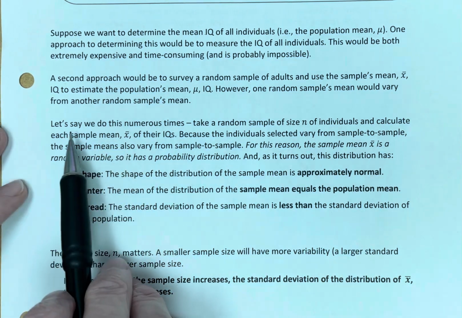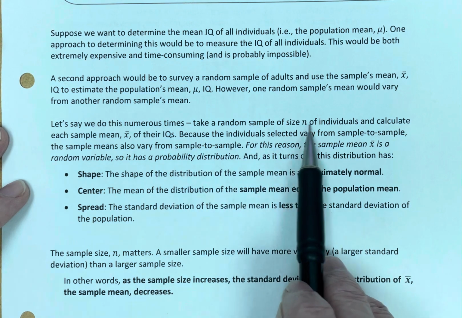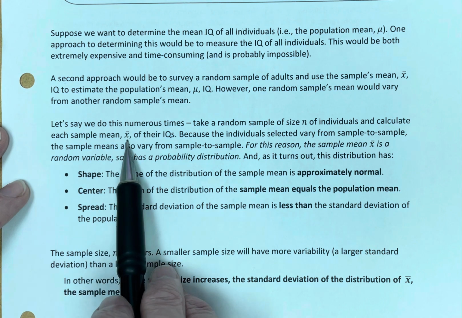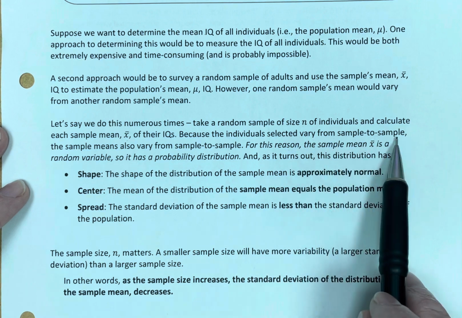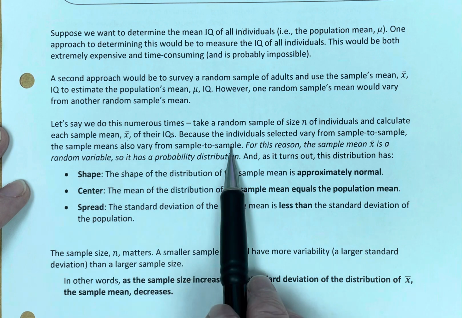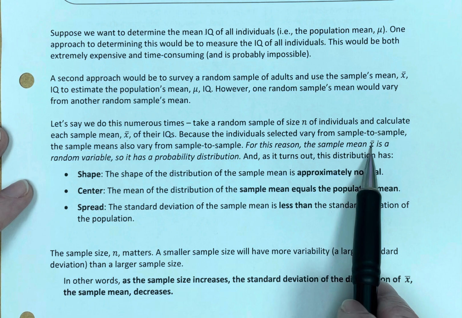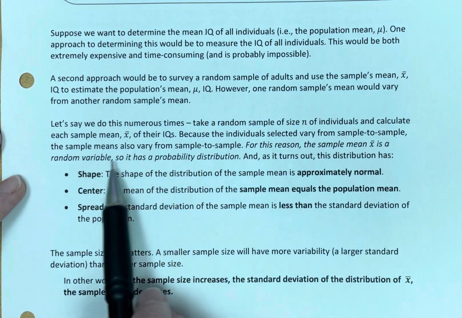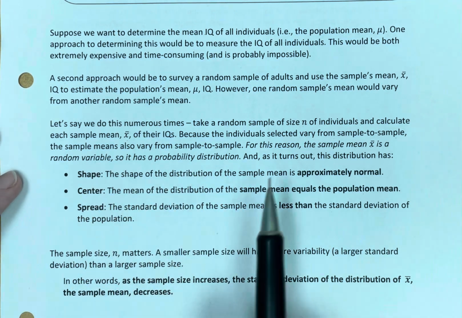If we do this numerous times, taking a random sample of n individuals and calculating each sample mean, X bar, because the individuals selected vary, the sample means will also vary. What happens here is the sample mean X bar becomes a random variable. And as a random variable, it has a probability distribution.